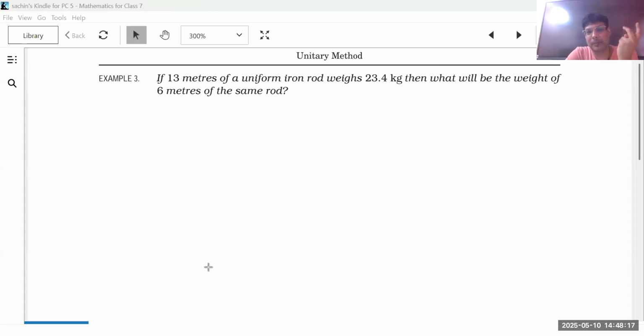All right, do this question. कितना टाइम चाहिए भाई?